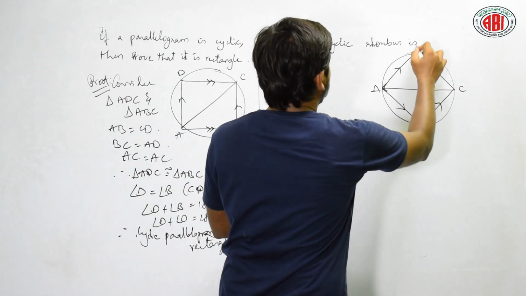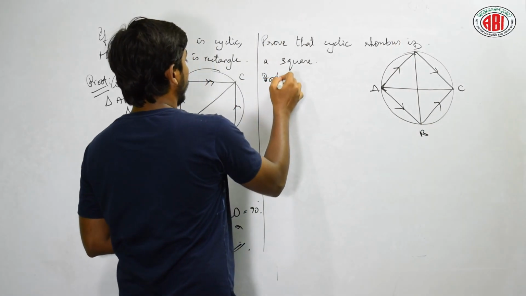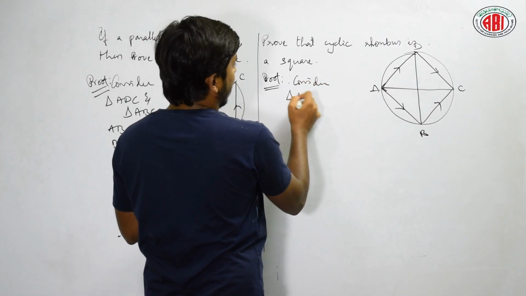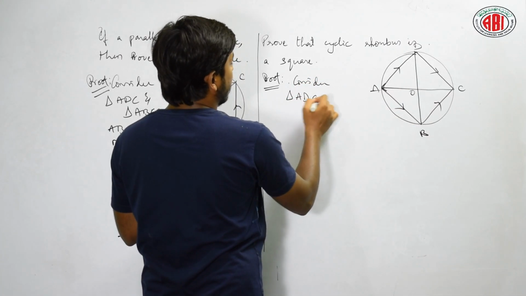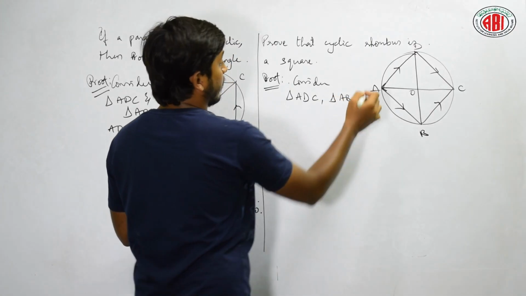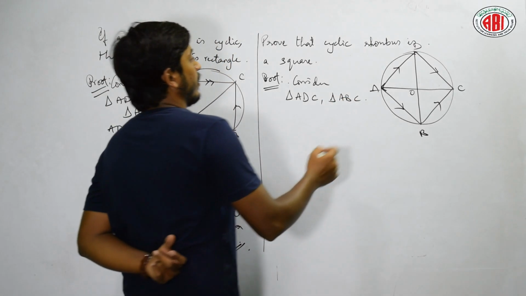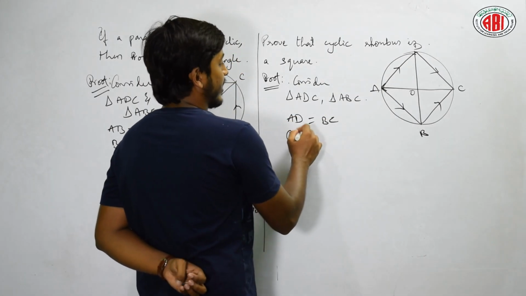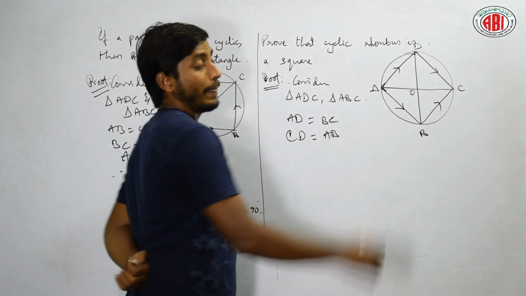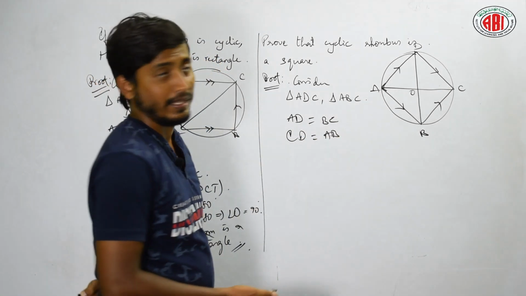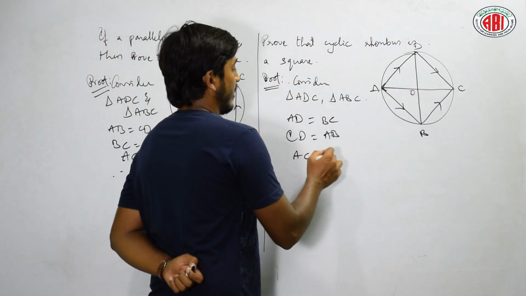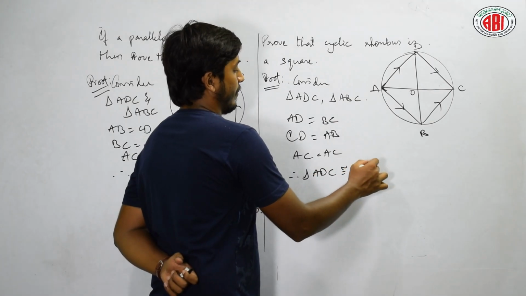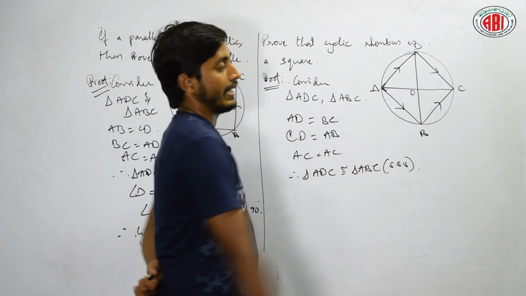Let us consider ABCD is a rhombus. Then see here, consider two triangles, let us say ADC and triangle ABC. Okay. The same thing follows, that is AD is equal to BC, and not only that, CD is also equal to AB, isn't it? Obviously, all 4 sides are equal. Clear? And AC equal to AC, that is common. Therefore, triangle ADC is congruent to triangle ABC by SSS congruency.